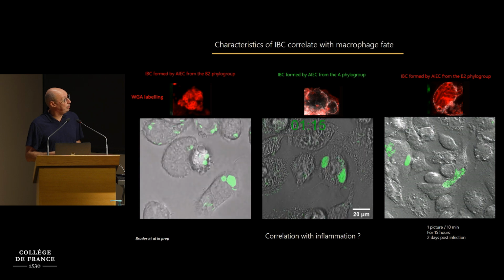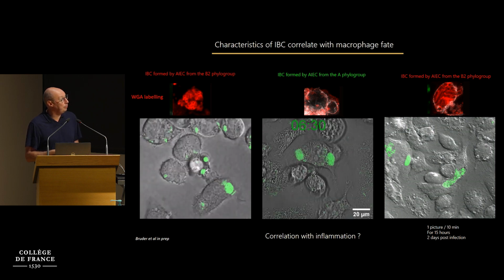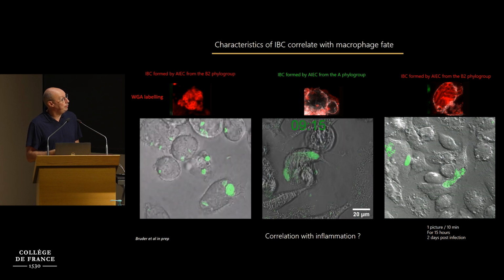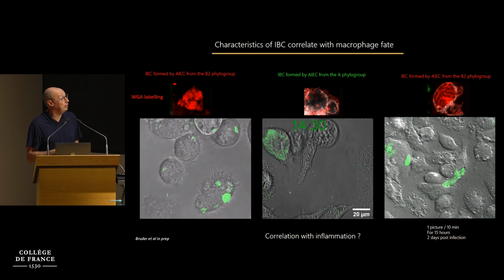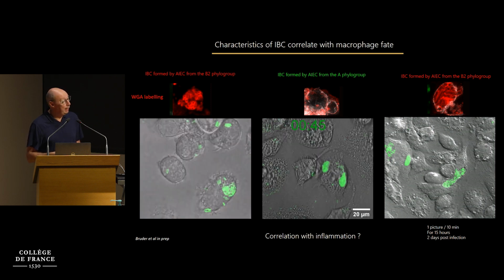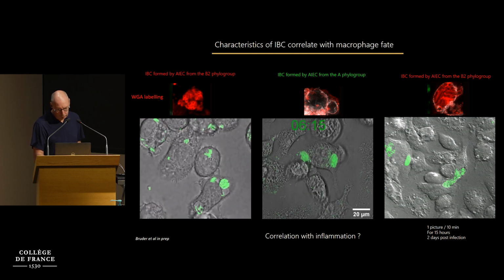This is a different IAC, and this one doesn't form a matrix. And what you see is that the behavior is a bit different. Now, this one can disseminate within the cytoplasm of the cell. This is what you see here, and colonize the whole macrophage before killing it. And I finish with this group. Sorry.